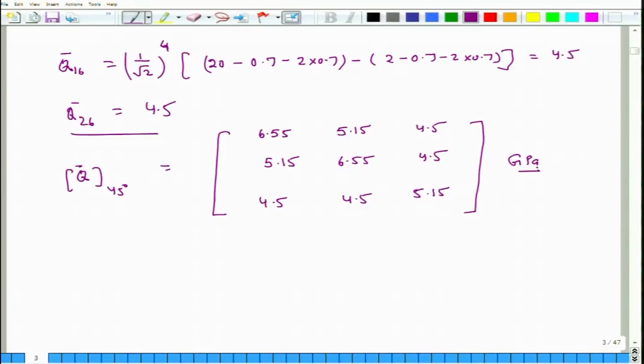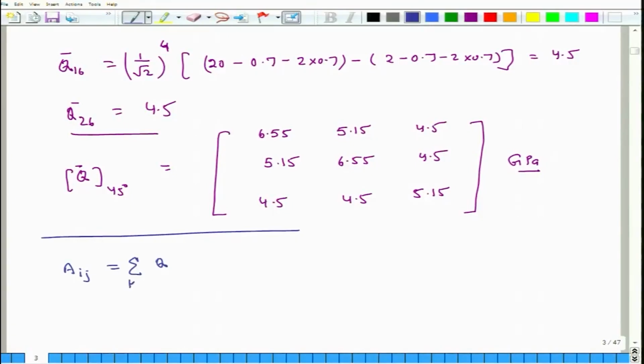So, that is my Q bar matrix for the 45 degree layer, and then we have another one for the 0 degree layer. So, next we start computing the A, B and D matrices. So, Aij, the ijth element of the A matrix, is what?